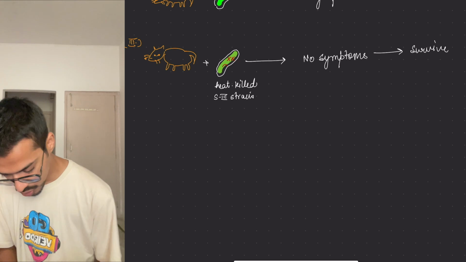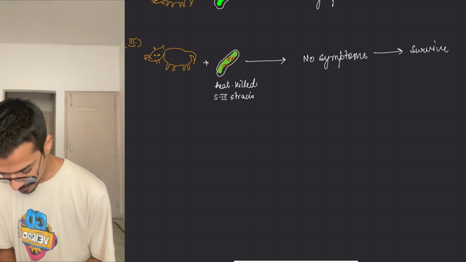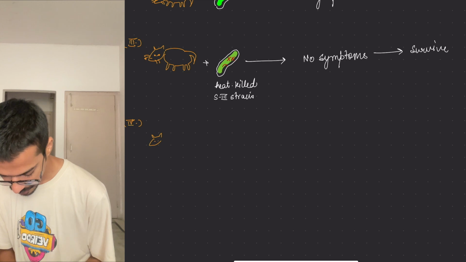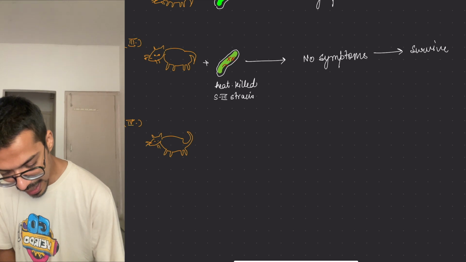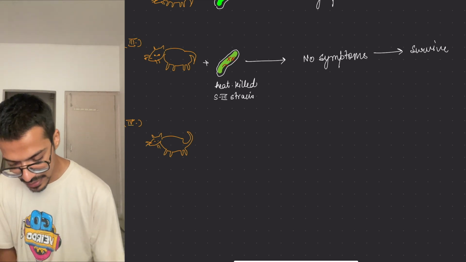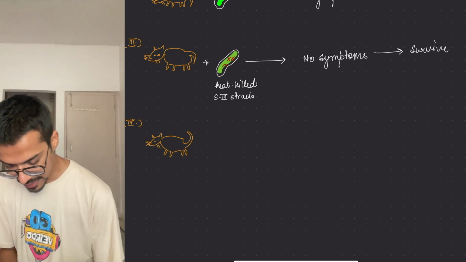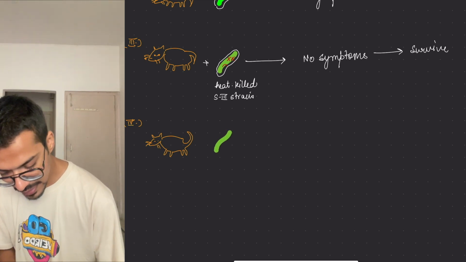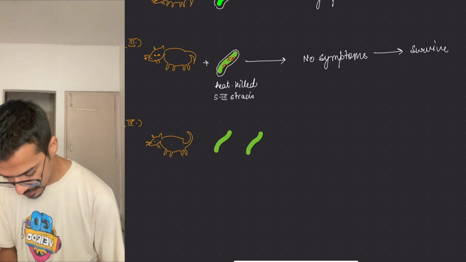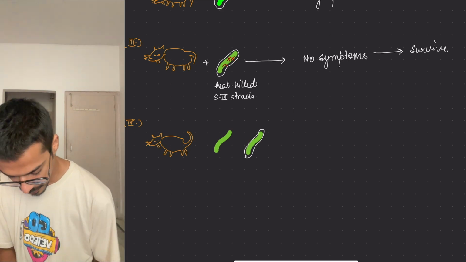Okay, so in the fourth experiment, I took the mice and I added a live rough one and a heat killed S strain.